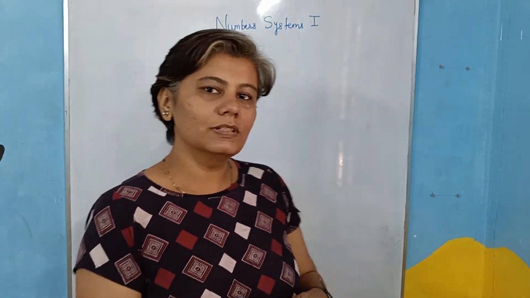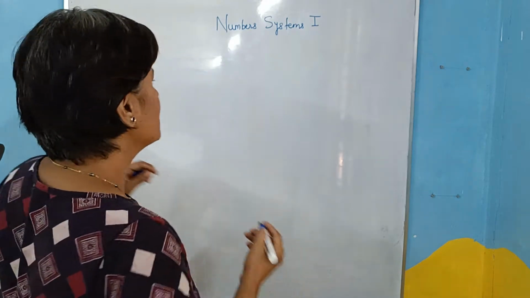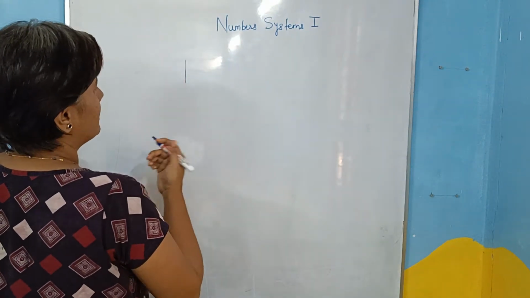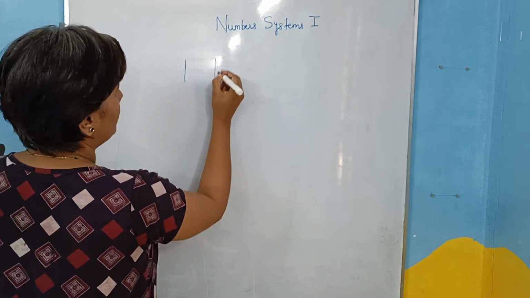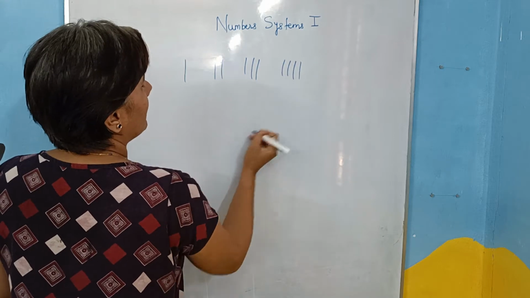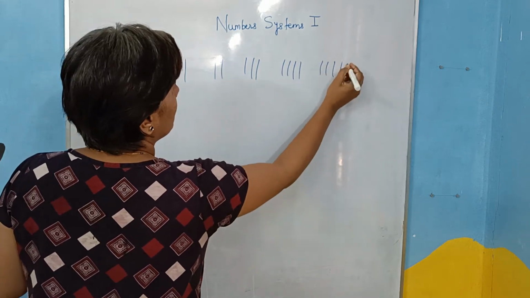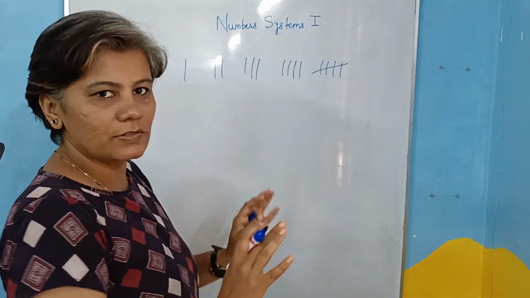Before symbols, Babylonians and some other cultures, including Indians, used to use these lines. If you want to count something, 1, they would go like this, or 2, 3, 4, and for 5 they would go like this. This is where the development was, just before the symbols were created.